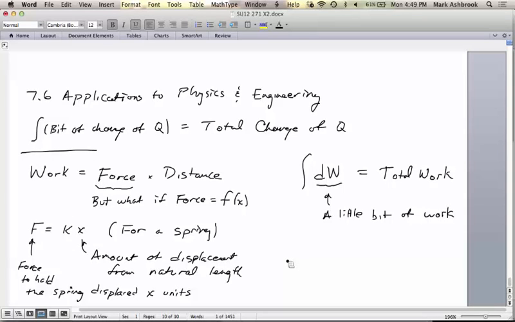value that's reflecting how stiff the spring is, how difficult it is to extend it. So k is the spring constant.